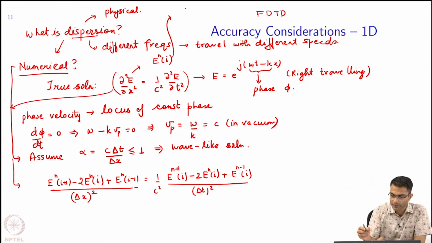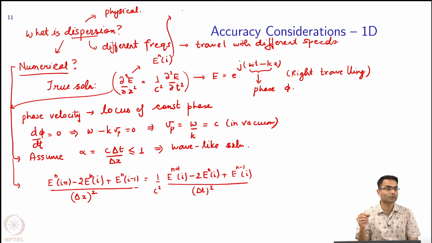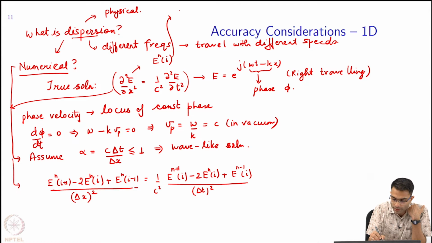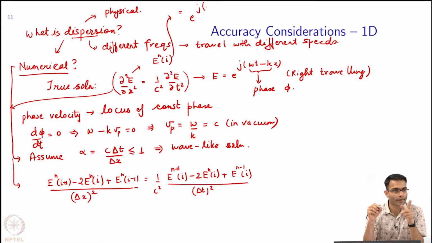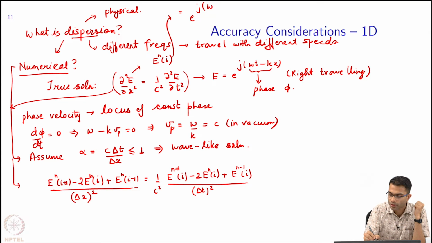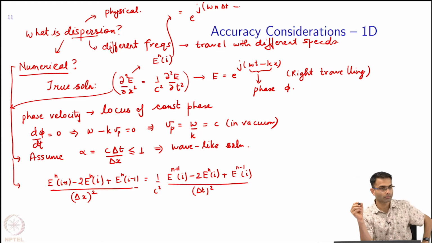And this E_i^n itself is shorthand notation for, remember, it is a wave-like solution with space and time being discretized. So, this simplified expression is e to the j, time will become omega n delta t, and space will become k i delta x.